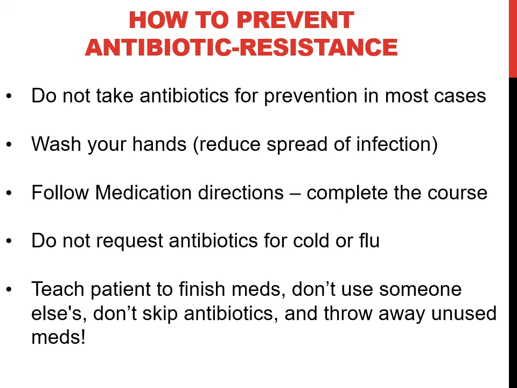Well, because cats and dogs puncture into the hand and put bacteria deep into the tissue, sometimes we'll just give a patient antibiotics to try and prevent any infection from occurring in the hand, okay? So in general, not to take antibiotics for prevention.